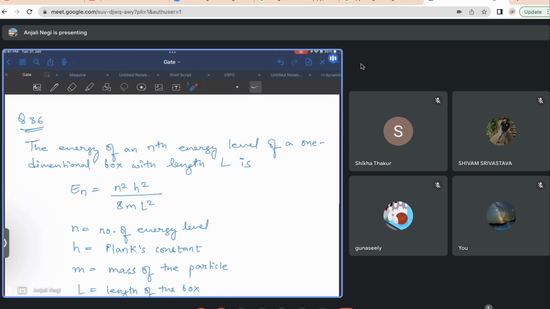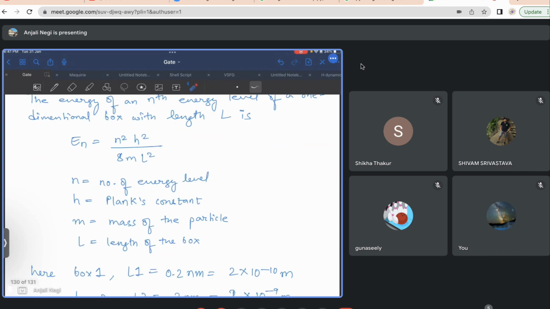For the energy of the nth energy level of a one dimensional box with length L, En is equal to n squared h squared upon 8mL squared. Here small n is the energy level, h is Planck's constant, and m is the mass of the particle.